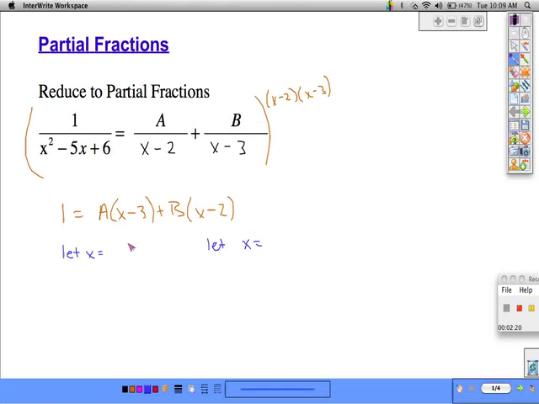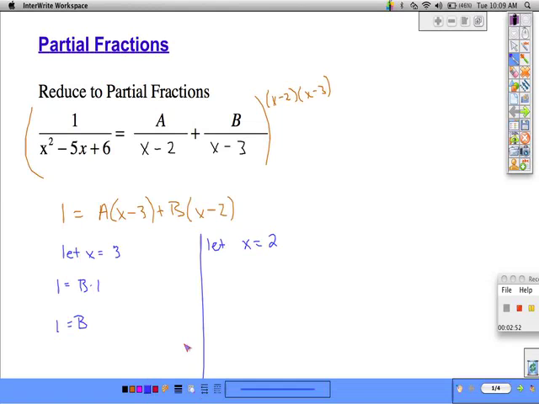I'm going to let x equal 3 and x equal 2, because those will make these factors equal to 0. When I do that, I get 1 equals, the a term drops out, and I get b times one.